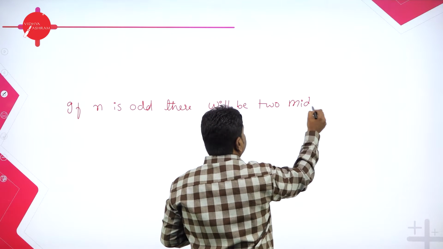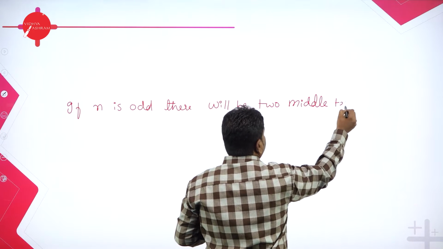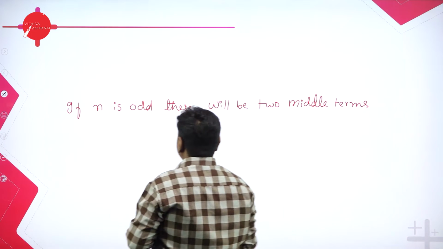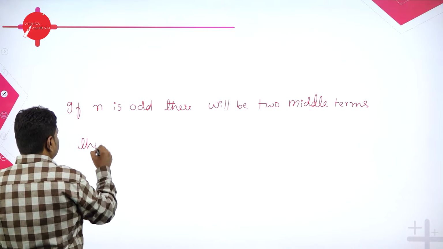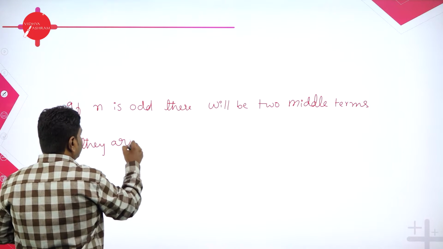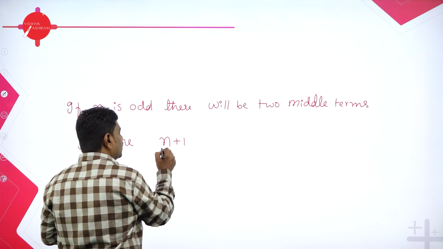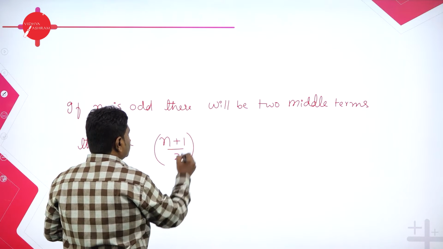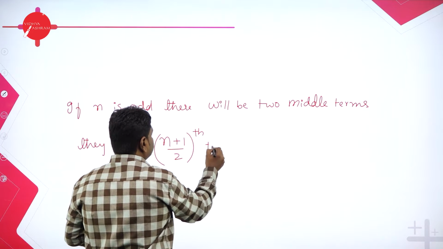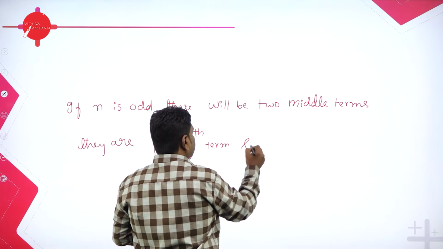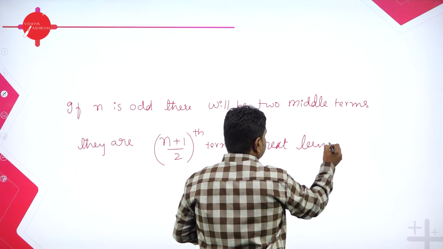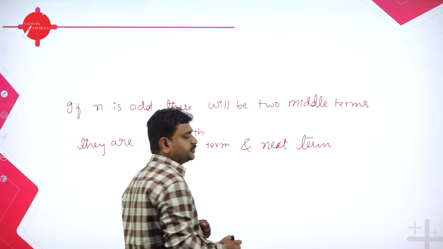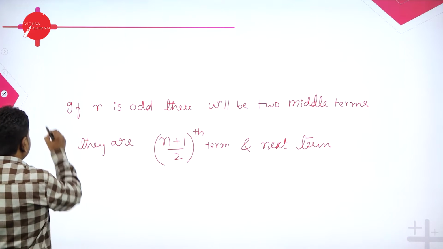What are the two middle terms? If n is odd, for n you add 1 and divide by 2. The n plus 1 by 2th term and the next term. These are the two middle terms. This is case 1.